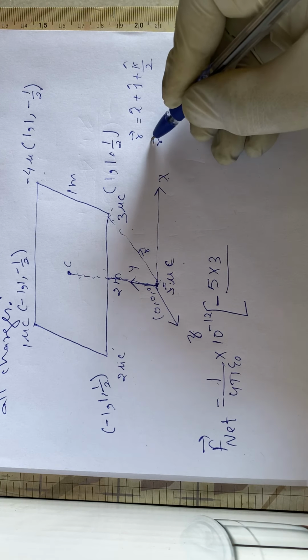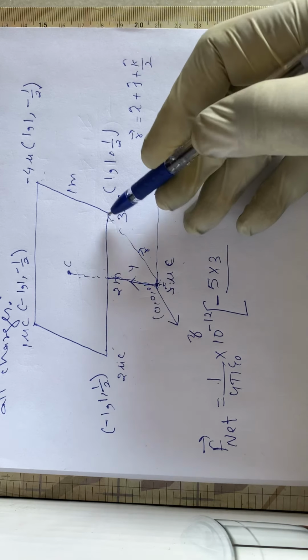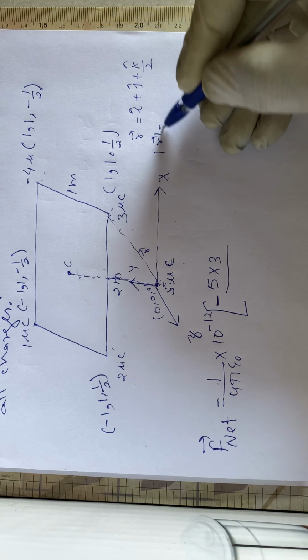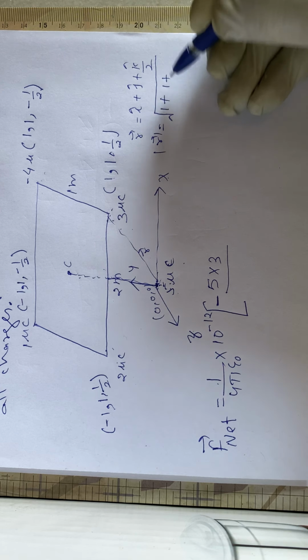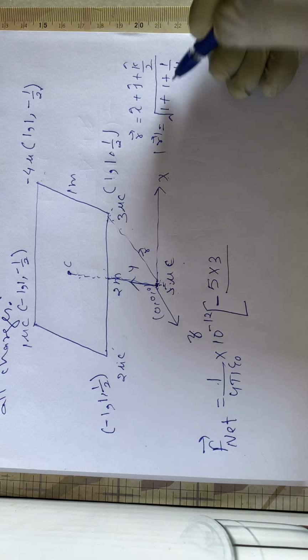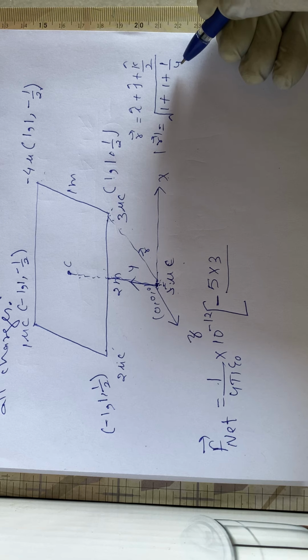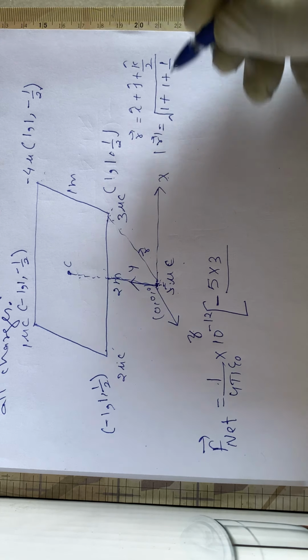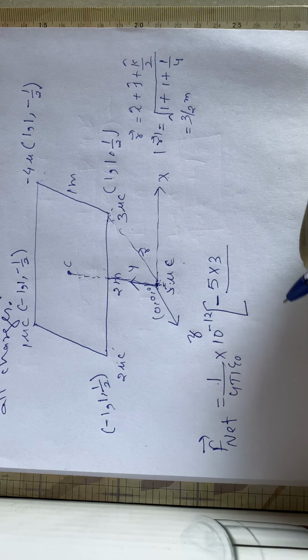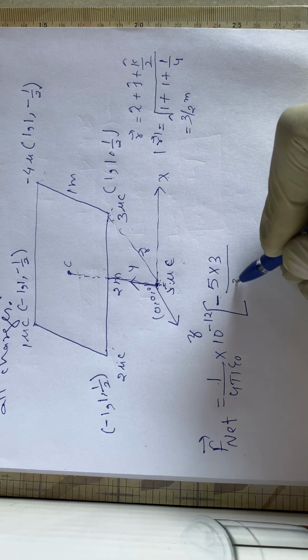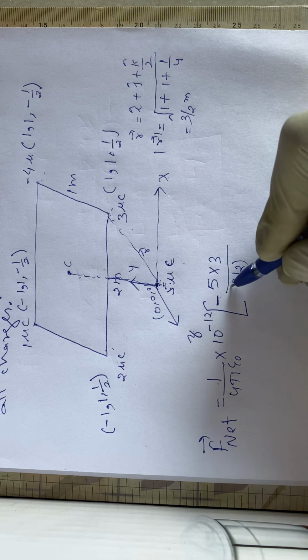Its magnitude, that means the distance from the origin to this corner, would be square root of 1 plus 1 plus 1 by 4, which is 2 plus 1 by 4, which is 9 by 4, which comes out to be 3 by 2 meter. So it's q1 q2 upon 3 by 2 whole square.